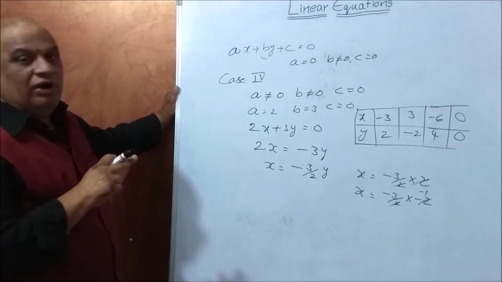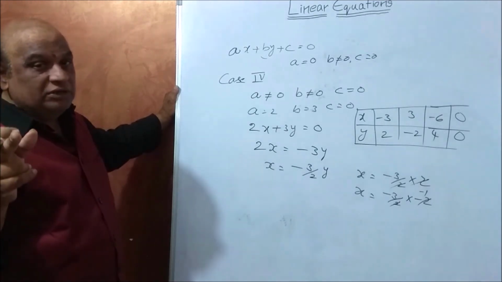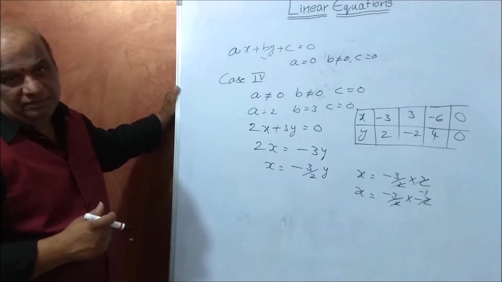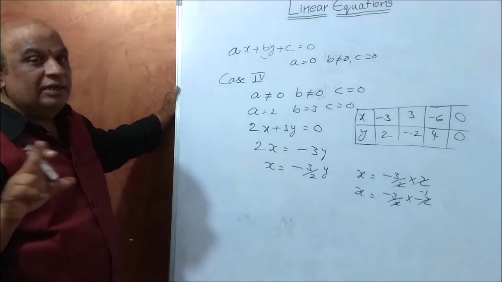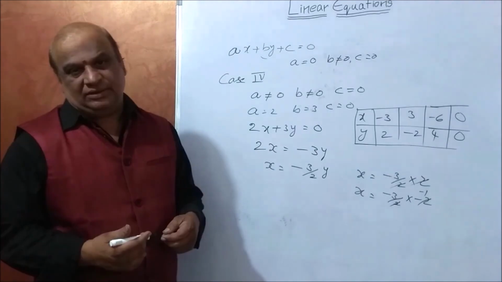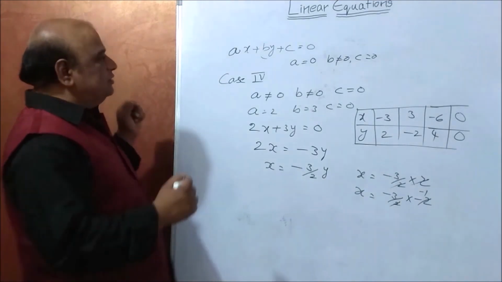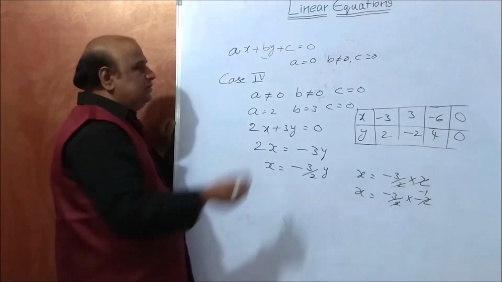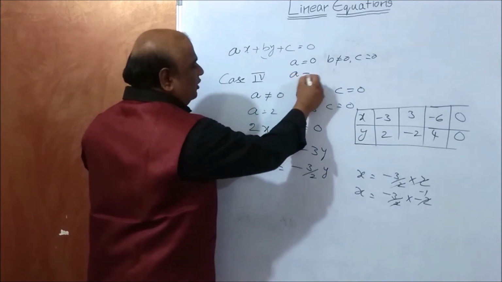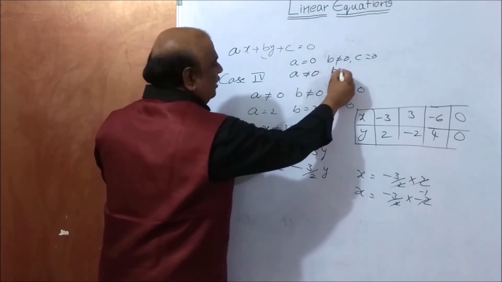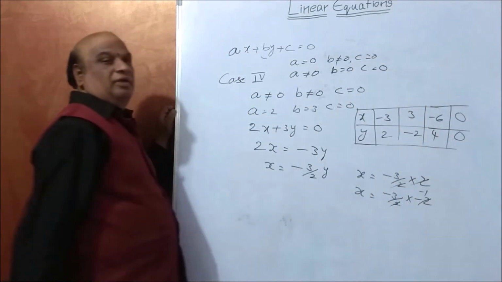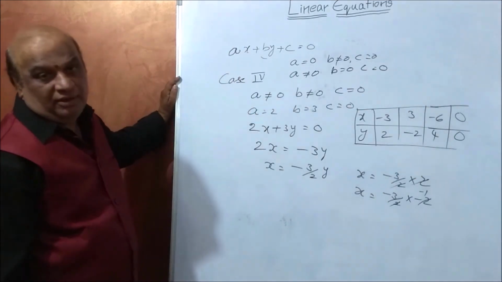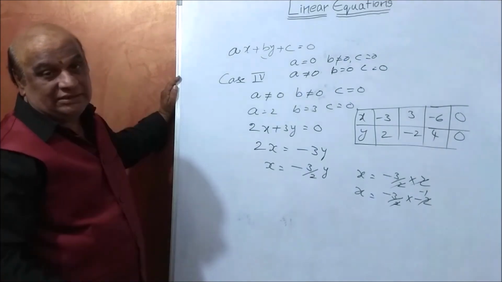A is equal to 0, b not equal to 0, c is equal to 0. It is nothing but the x-axis. Suppose one more case, a not equal to 0, b is equal to 0 and c is equal to 0. It shows the y-axis.